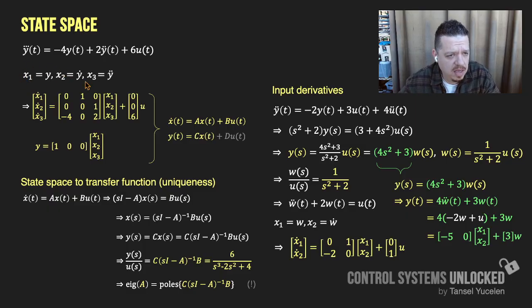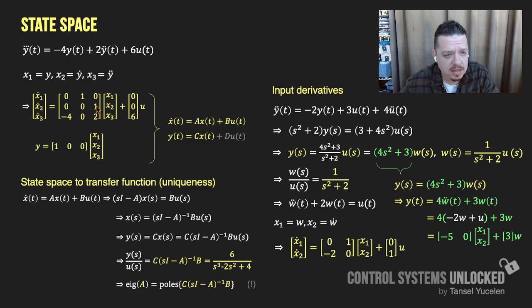When you differentiate these variables, x1 dot becomes y dot, but y dot is x2. So x1 dot is 1 multiplied by x2, nothing else. If you differentiate x2, you get y dot dot, so x2 dot is x3, since y dot dot is x3.